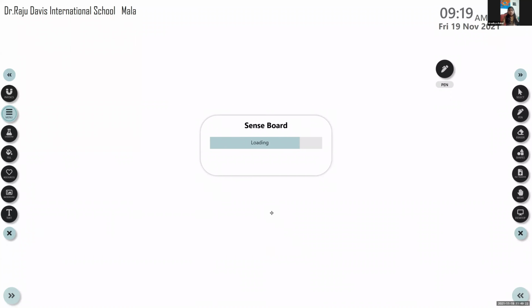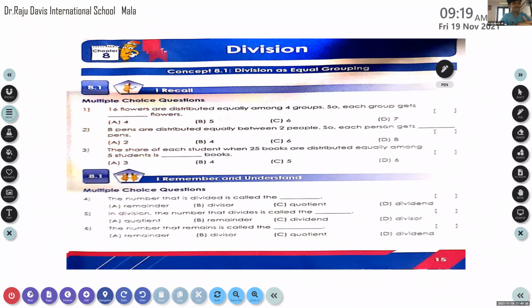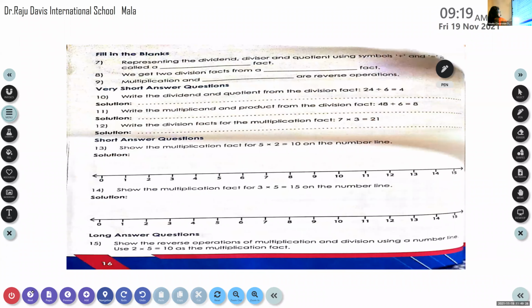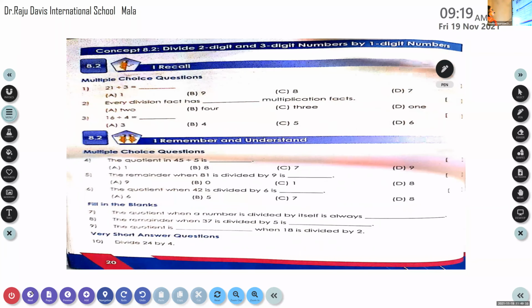Let me open my textbook workbook pages. This is over. Page number 16 is also over, 17 is also over. 18 and 19 are not there with me. 20. We were doing this one, isn't it? Yes. We have done till question number 6. Is it correct? 3 only. Okay, start from question number 4.